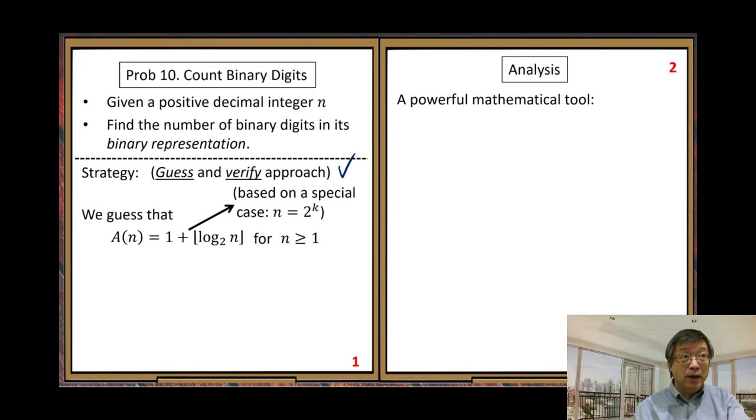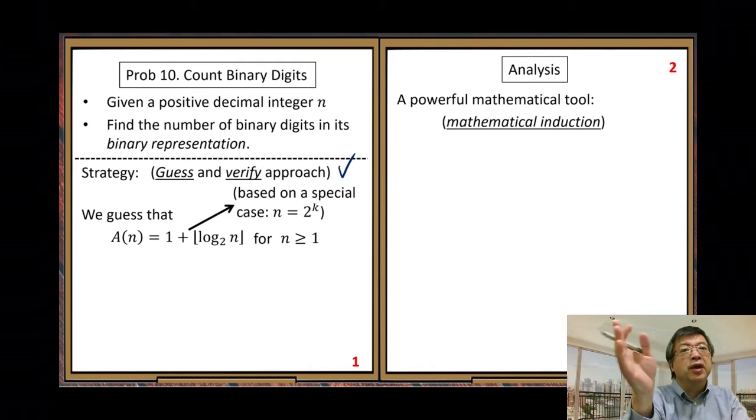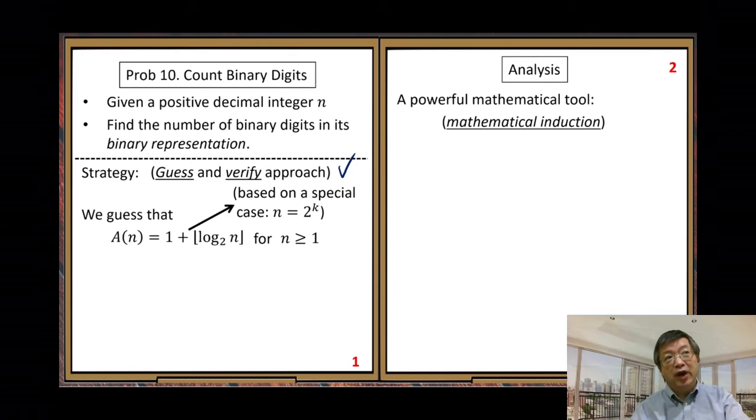Do you still remember there is a method called mathematical induction? That is a very powerful tool, so we need to use that here. I hope you still remember the basic steps of using mathematical induction. Here, let me just apply it directly. Hopefully, you can recall a little bit how to use mathematical induction.